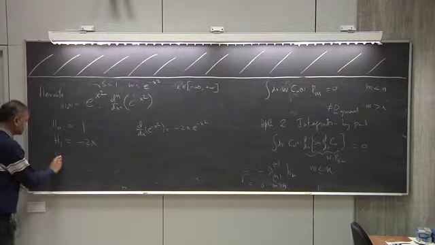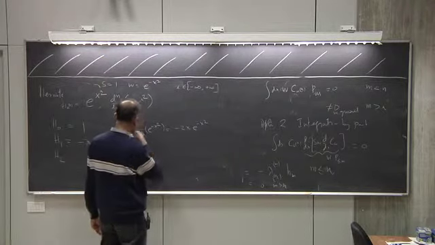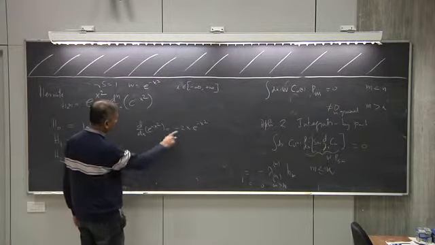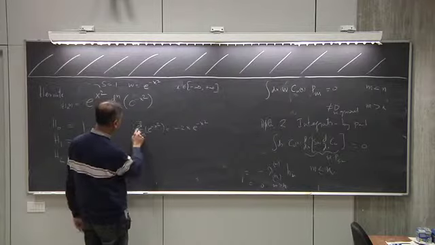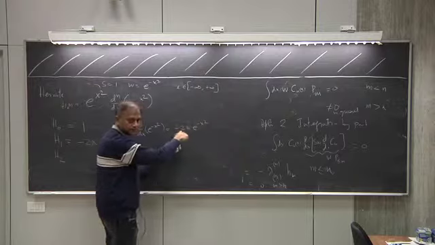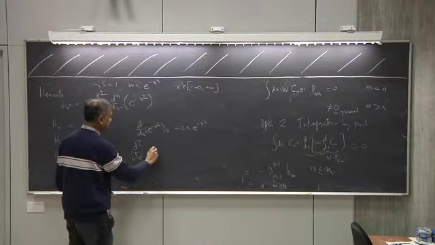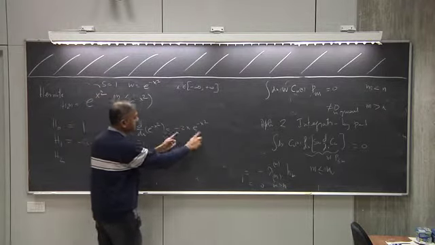Let's look at h2. H2 is, take one more derivative of this, so d2 by dx2 of e to the minus x square will be taking one more derivative of that.